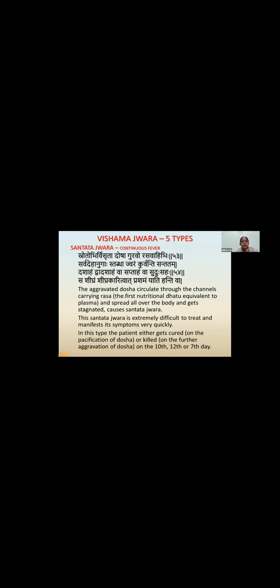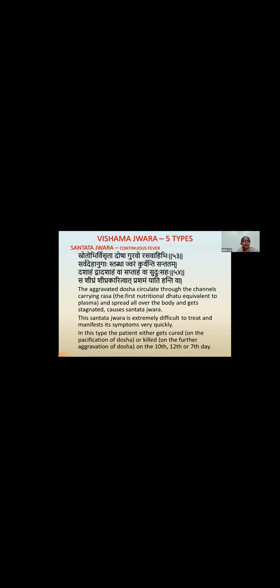So the prakopita doshas enter the shrotas, especially the rasavahi shrotas, and spread all over the body. Sarva dehanugah stabdha, where it becomes stagnant in the shrotas and continuously causes the fever because of the obstruction.